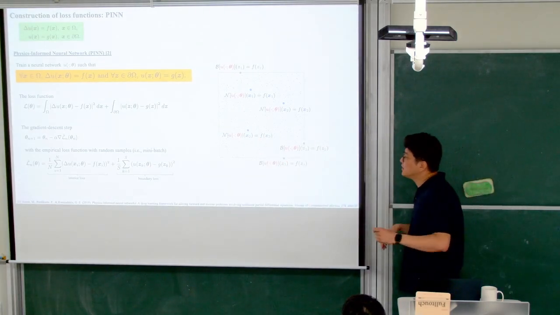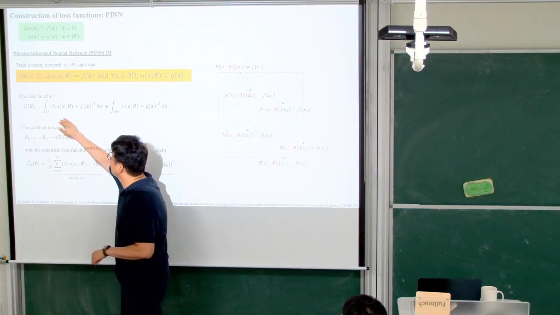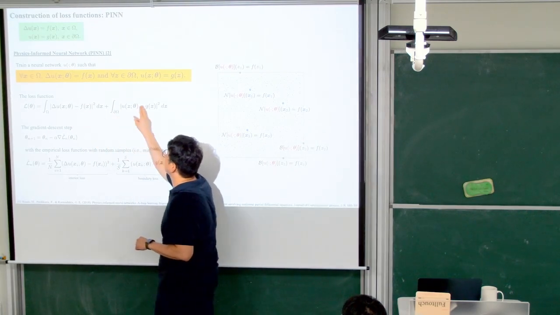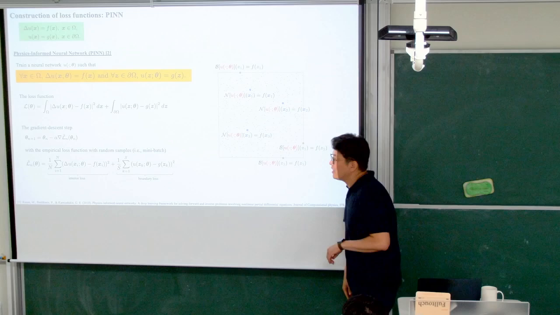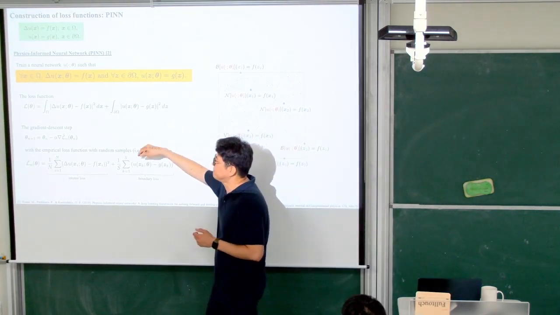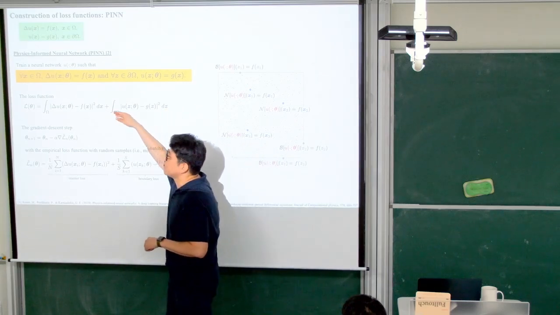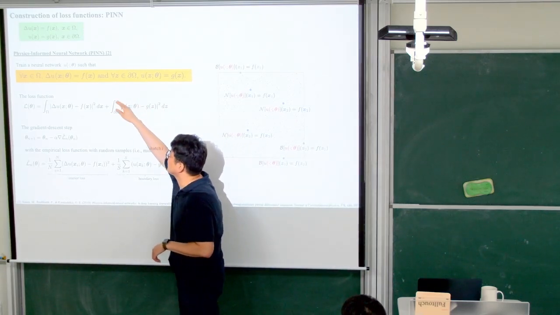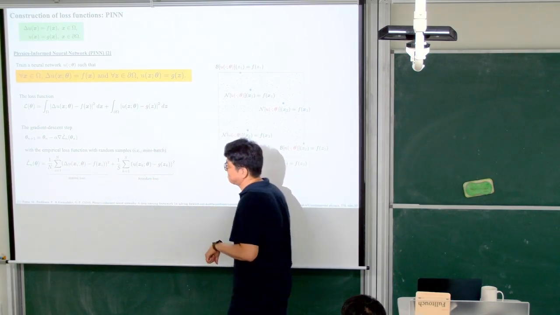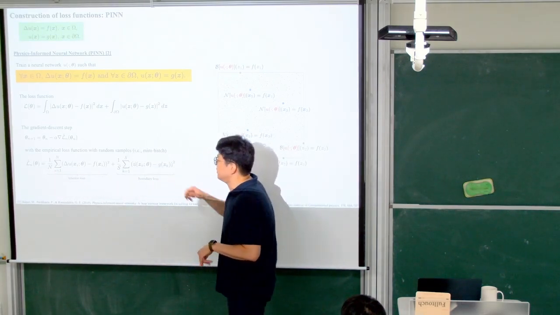To find the parameter, we construct the loss function as the integral of the residual: an interior residual, the PDE residual, and a boundary residual. Then we optimize it using some gradient descent method. Here is the integral equation, and we approximate this integral using Monte Carlo integration with random samples. So PINN has an interior loss and a boundary loss.